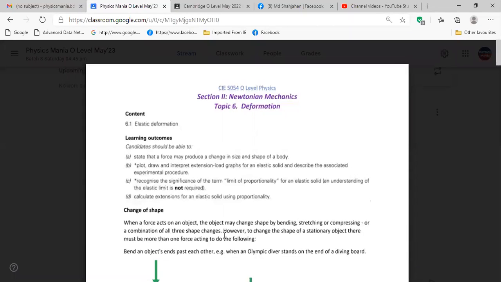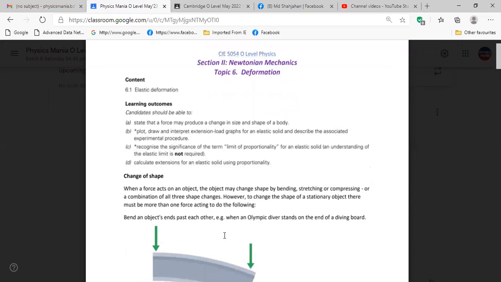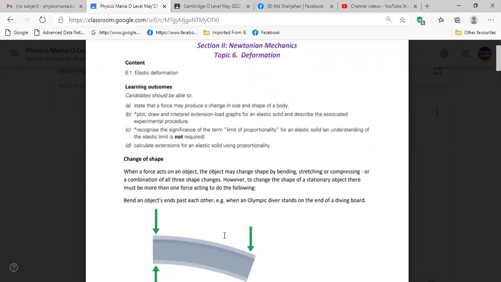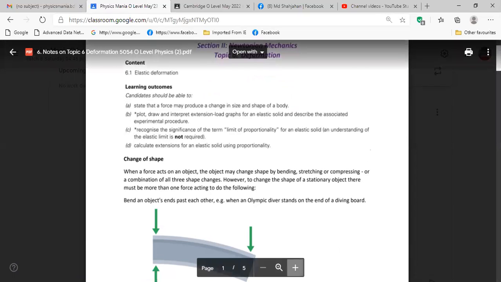So here we go. We have this topic 6, deformation. Can you read the learning outcomes for deformation?